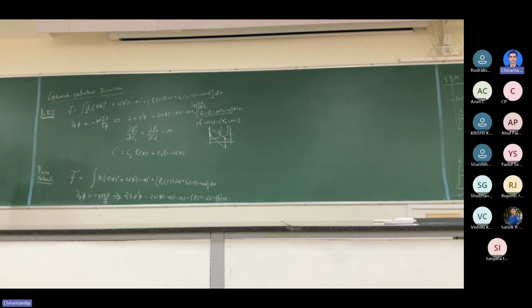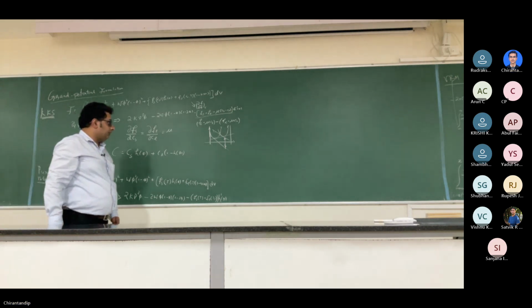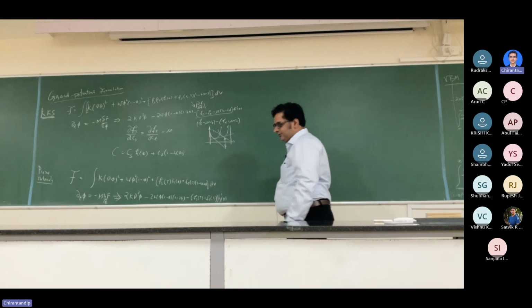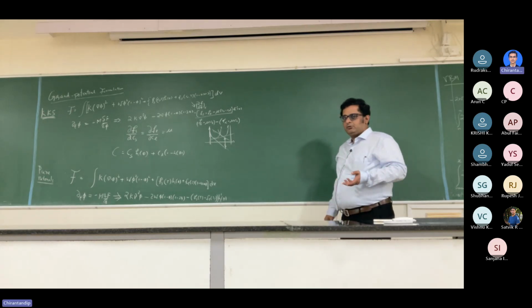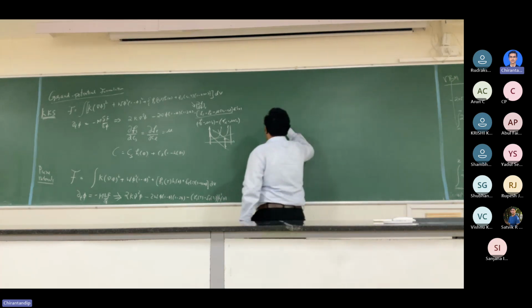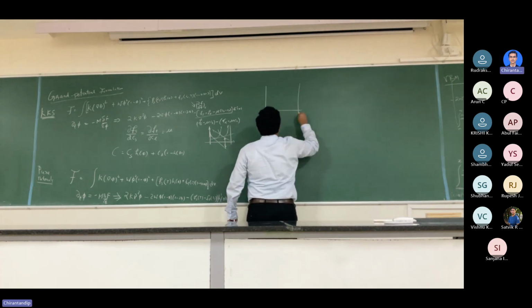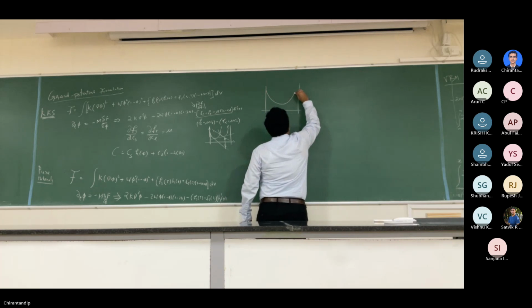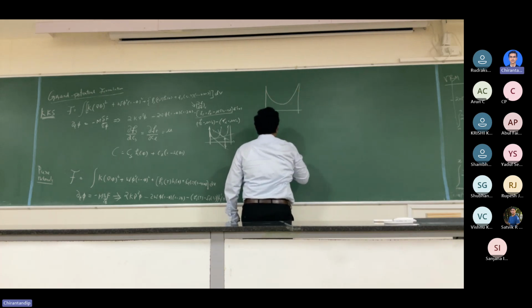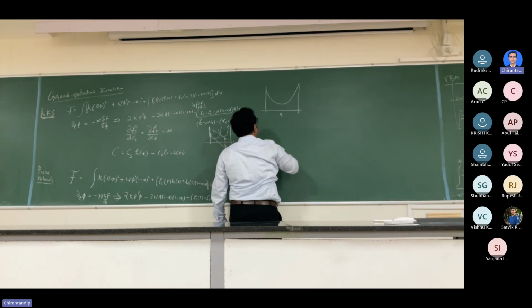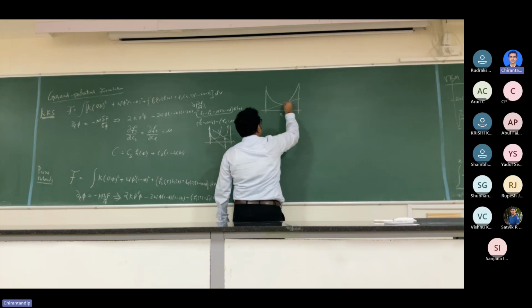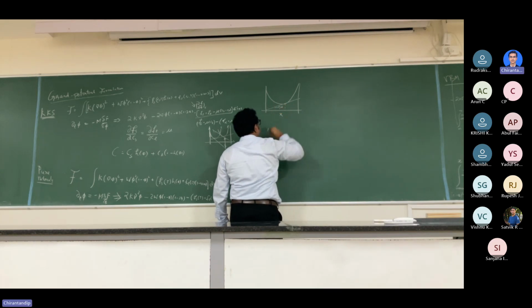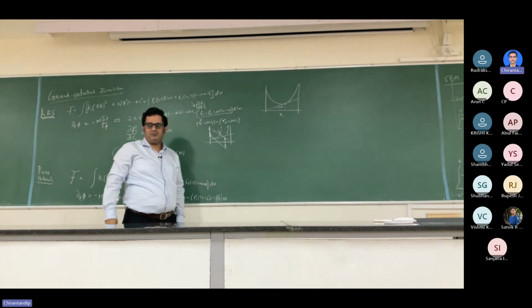Now, just to make equivalence between these two pictures, I will do an excursion and ask you to do a construction. Let's say an energy curve of this type, and what I'm going to ask you to do is, let's say I draw a line with a tangent at a given point here, and at this point you have a slope given by mu, right?